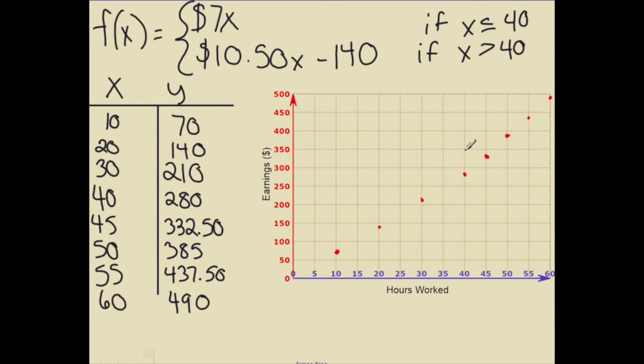So now that we have finished plotting all of the x and y values, we are going to draw the equation, or draw a line between the plots, and the black and green lines indicate the two different subfunctions. So the green line will be up to 40 hours, and then the black line will be over 40 hours.